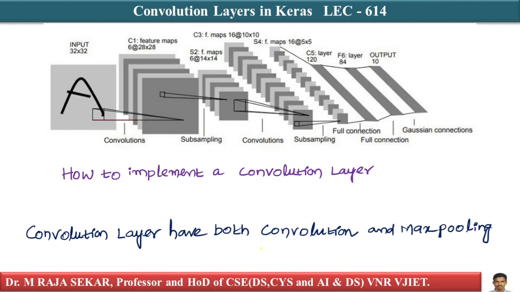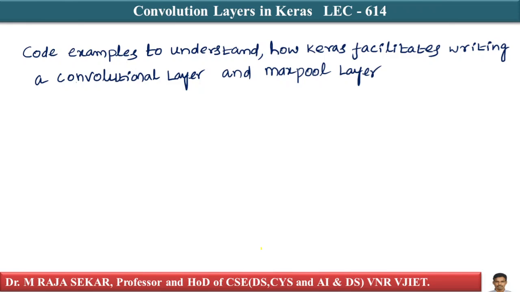We will see some simple code examples to understand how Keras facilitates writing convolution and max pooling layers very easily. We will take LeNet as an example. Having said that, let's look at the code.